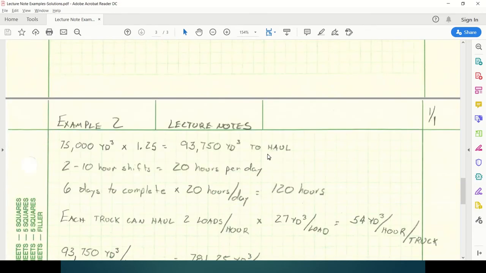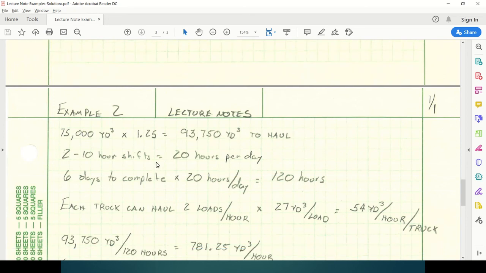All right, example 2. They need to haul 75,000 cubic yards of bank volume. I have a swell factor of 25%, so they have to haul 93,750 cubic yards. Two 10-hour shifts, so basically they're hauling 20 hours per day.